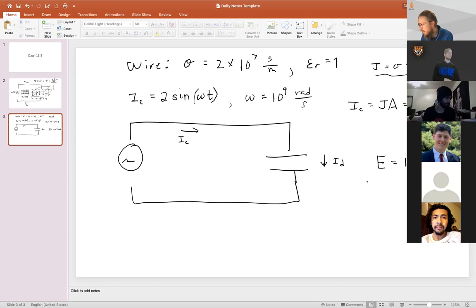However, we don't actually know what the area is. So if we wrote out this, we could leave in the area where we have over area. Okay.